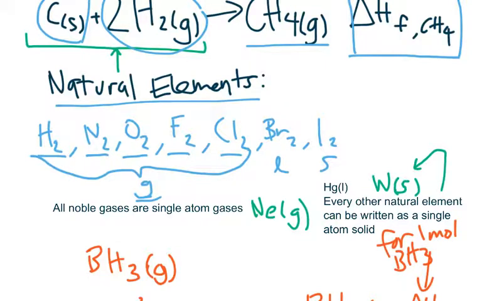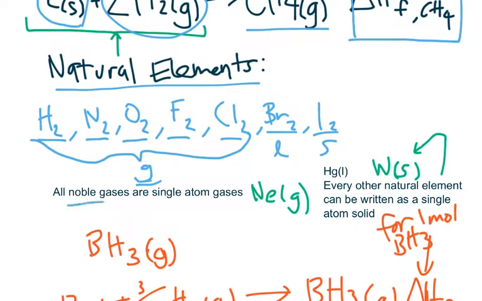Now, the diatomic molecule that is a liquid is bromine, and the only diatomic solid in its elemental form is going to be iodine. Now, keep a note that all noble gases will be considered single atom gases in their natural state, since remember, neon and other noble gases do not react, so they tend to like to be alone.